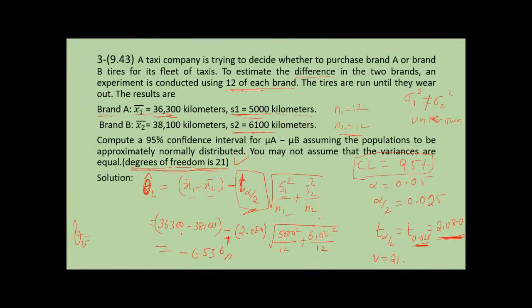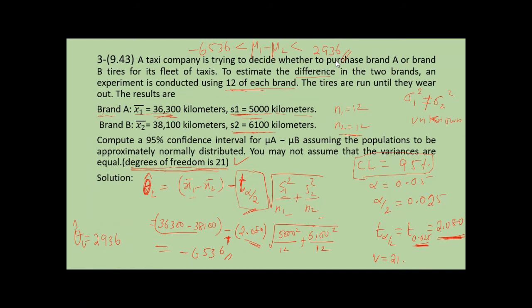When you find this one and add them, you will get 2936. Therefore, the final answer is negative 6536 less than mu1 minus mu2 and less than 2936. That's the end of this problem.